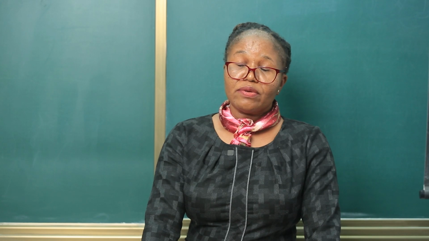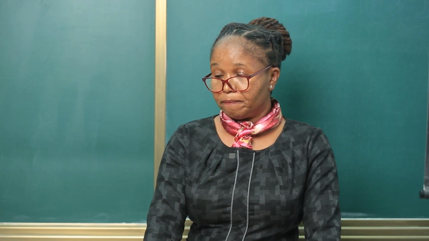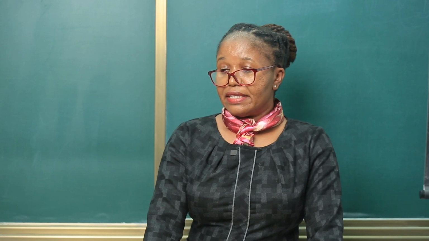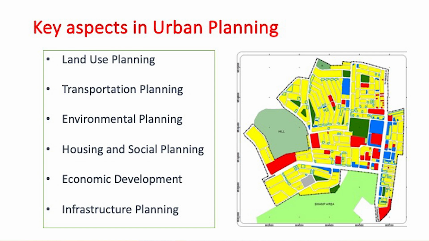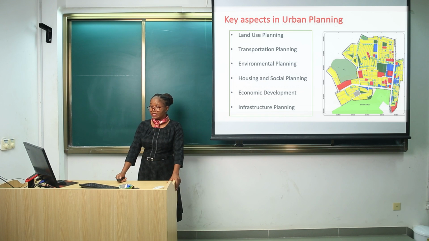Urban planning also deals with economic development by ensuring that there is equitable allocation of land for different economic activities so as to induce investment as well as ensure economic advancement in different areas within the urban setting.